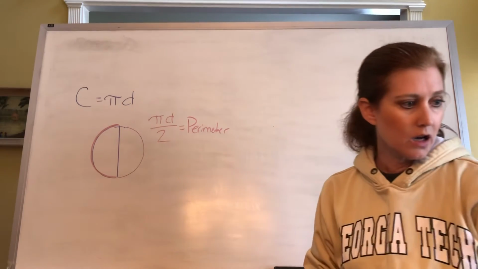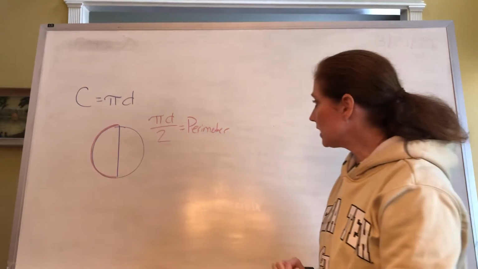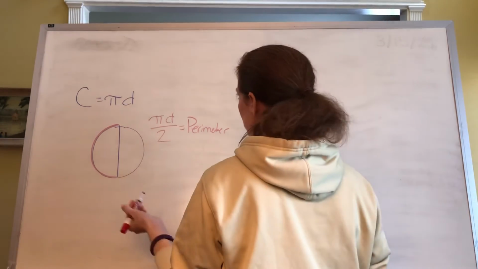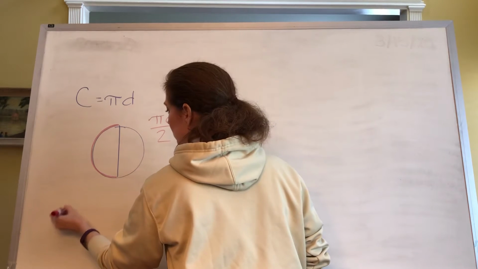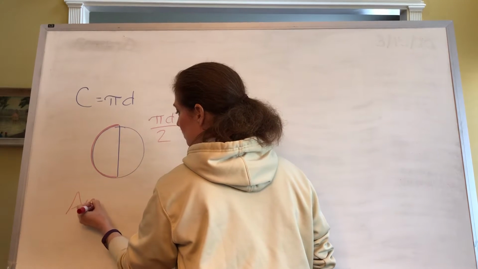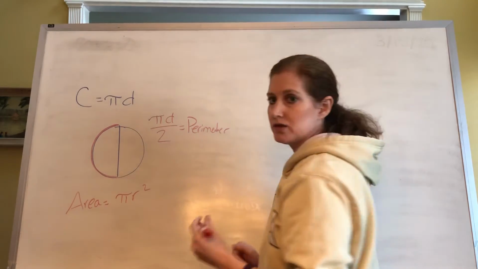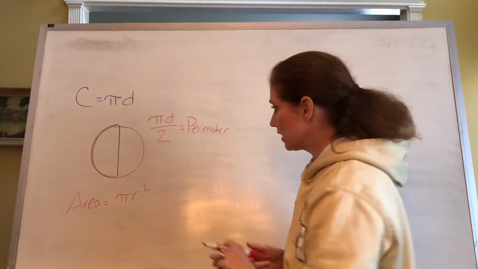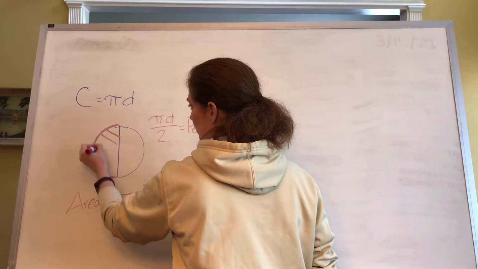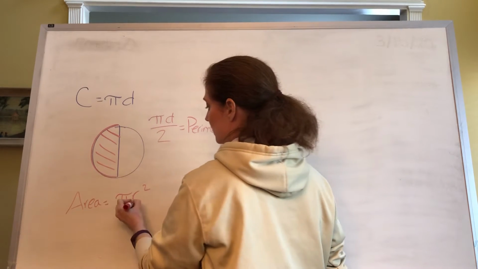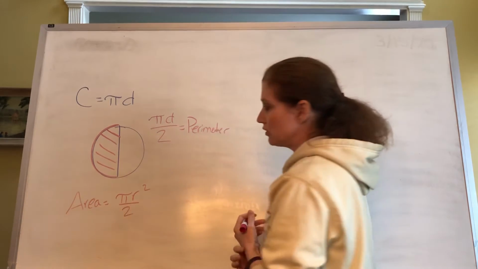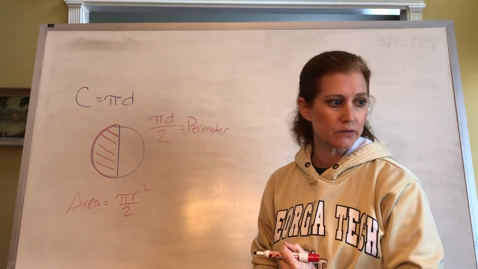And then area of a semicircle, again, area of a circle is pi r squared. So for area of the semicircle, which would just be half of that area, it's going to be divided by 2. Okay, so that's for the semicircle.